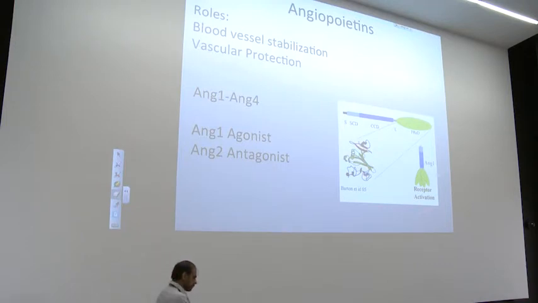These ligands, especially angiopoietin 1, are important in vascular protection, and they are constantly released in circulation. They act on our blood vessels to maintain vascular stabilization and protection. Whereas angiopoietin 2 opposes the action of angiopoietin 1.